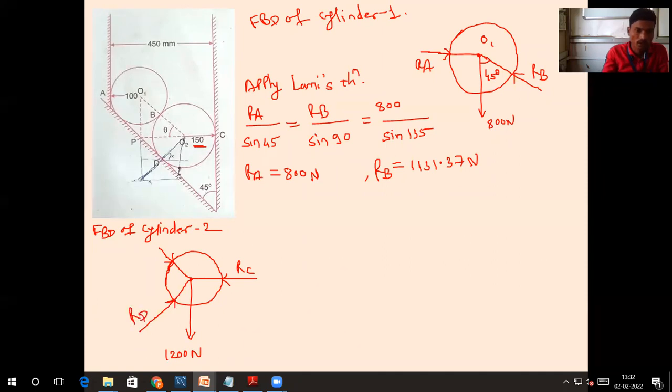RD will make how much angle with the vertical? 45. I will write 45. Then RB reaction makes how much angle with the horizontal?